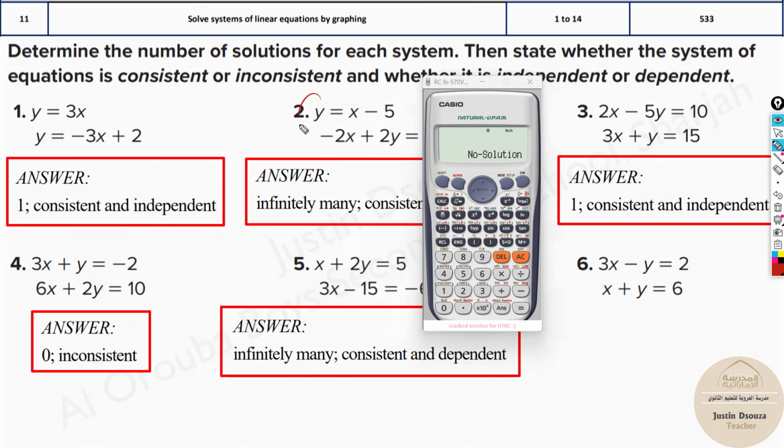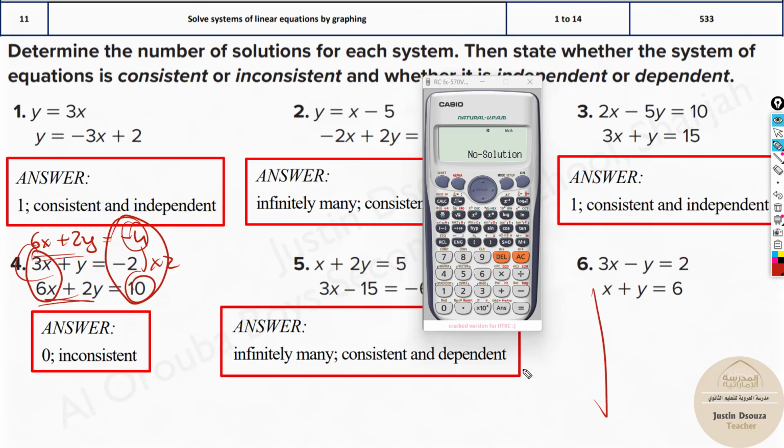Now, as I told you, see the first coefficient. Over here we had to write it in the same form. But here you need to see the coefficients and try to get them same. One of the coefficients only, not all. So let's multiply this by 2. What will I get? I'll get 6x plus 2y is equal to minus 4. Can you see that these two terms are matching, but the last terms, minus 2 and 10, are not the same?